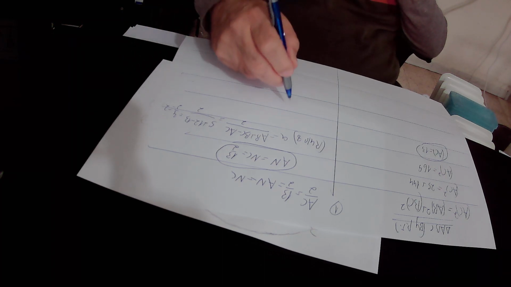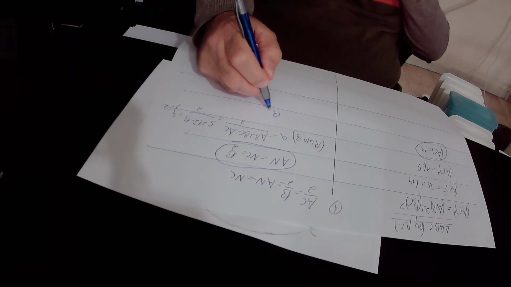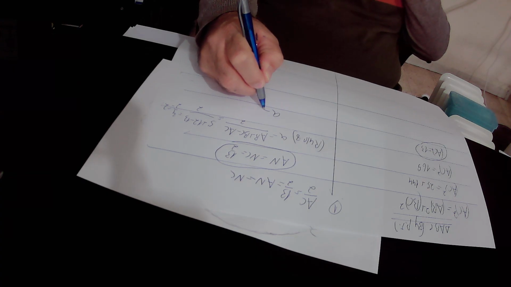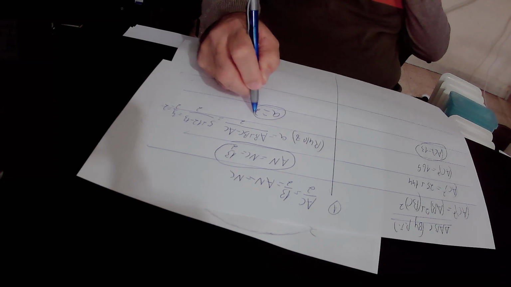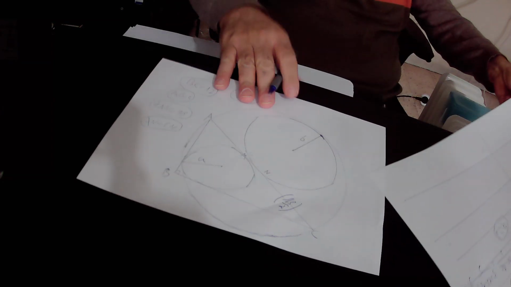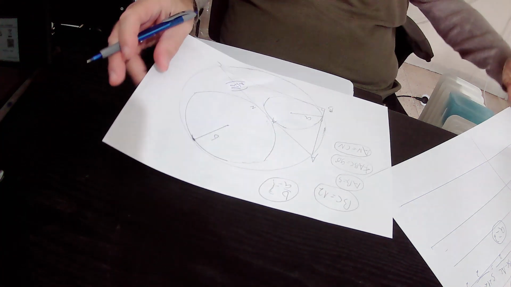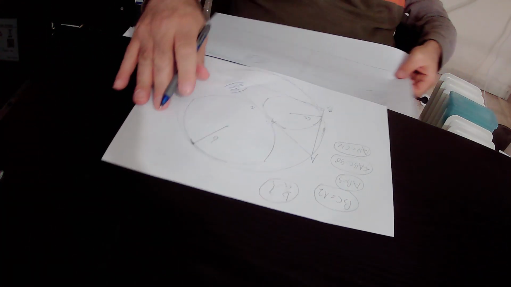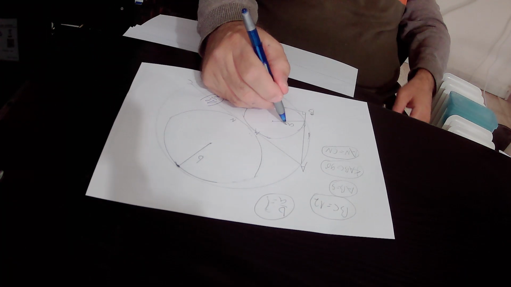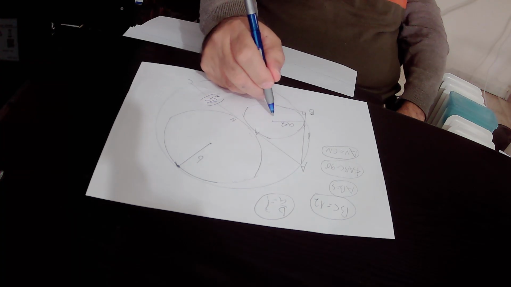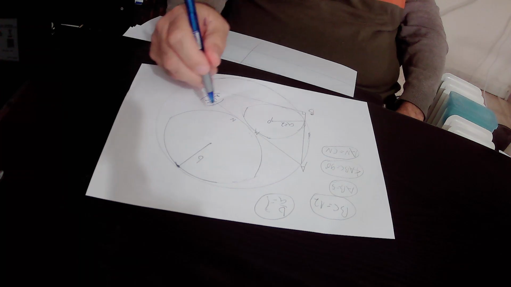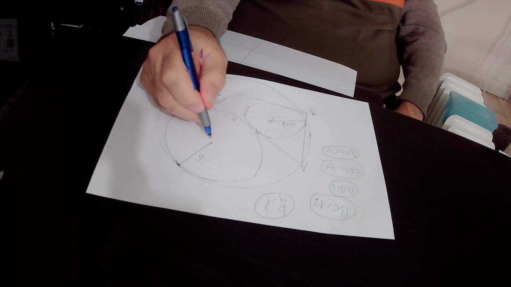So finally we found out that the length of the radius a of the smallest circle equals 2 units. a equals 2 units in length. Here, a equals 2 units. We define the center of this circle as P. We define the center of this circle as Q.